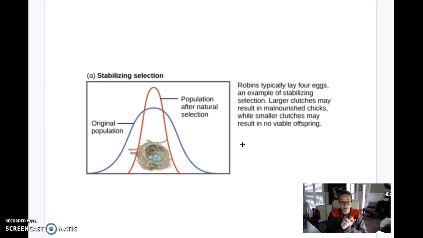Think of survival of the fittest. So robins that lay 4 eggs tend to have the best results. So the population after selection squishes in, it stabilizes at 4 eggs per clutch. Stabilizing selection, where the blue line is your original population, red line is population after selection.